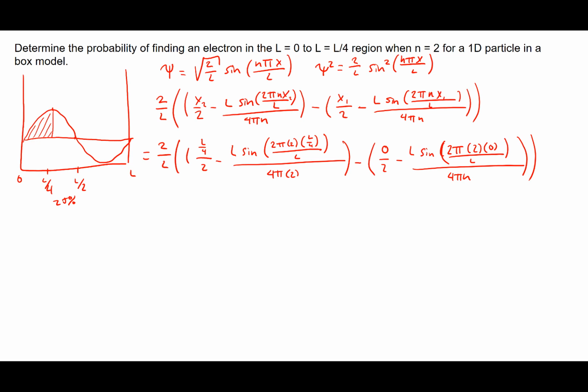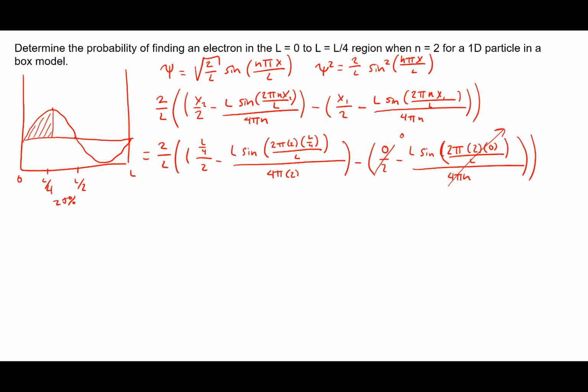One thing we can see right here is that the sine of 0 is 0, so all of this doesn't matter. And then 0 over 2 is 0, so this doesn't matter either. The only thing we really have to worry about is this part right here.